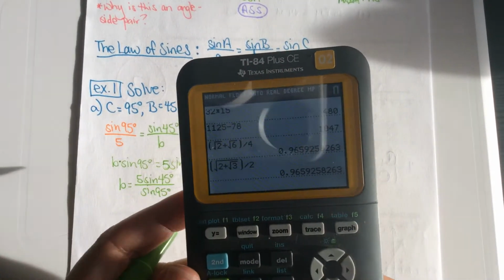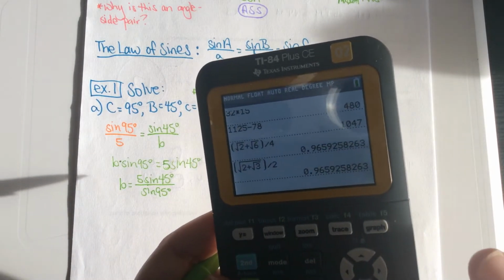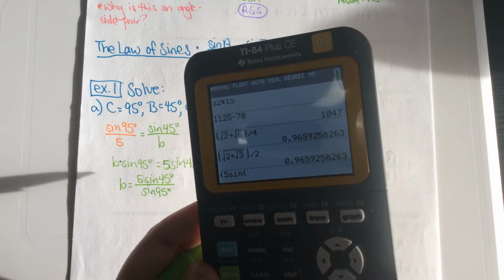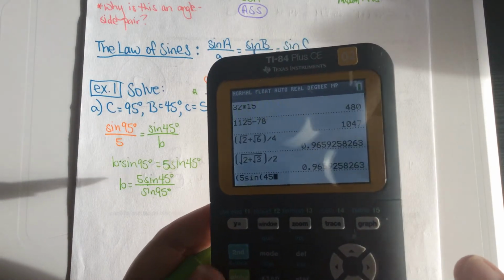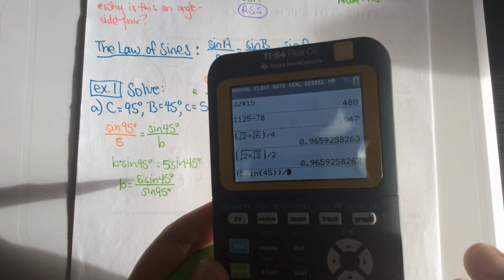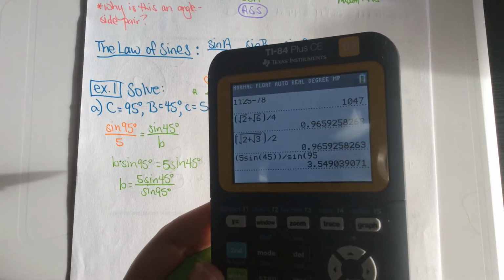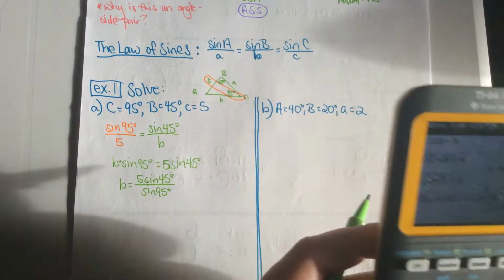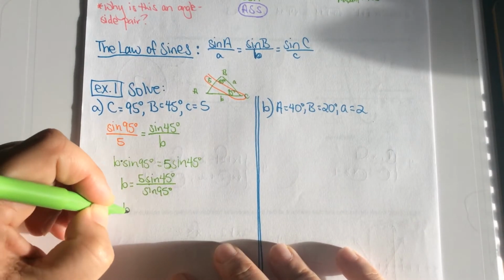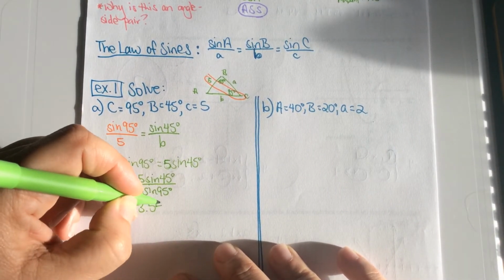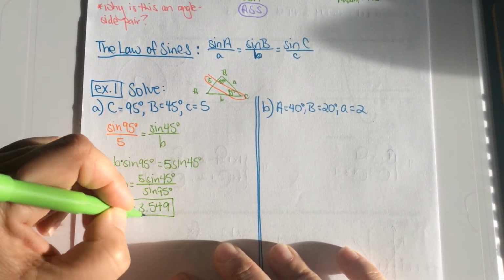But since I have a graphing calculator, I can just type in 5 sine 45. Notice I have 2 open parentheses, so I need to close 2, divided by sine of 95, and I get 3.549. So B is 3.549. There's one of my missing pieces of information.